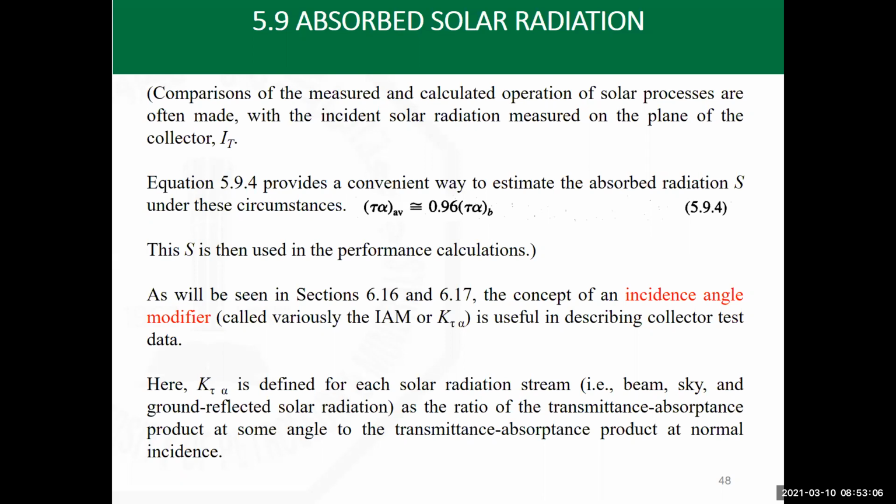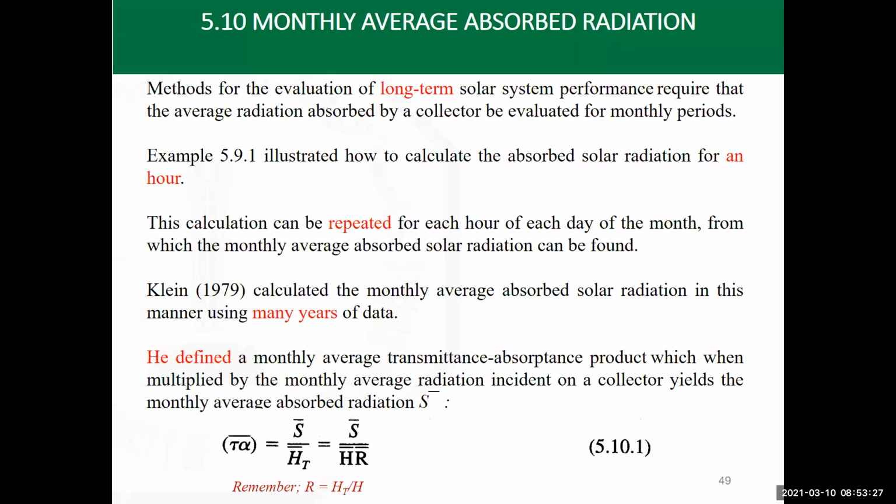If I know the value of IT, I can get the value of S right away. We will see that in chapter 6, in sections 6.16 and 6.17, showing what's called an incident angle modifier. And this is the one that will enable us to do the simplification of the calculation.